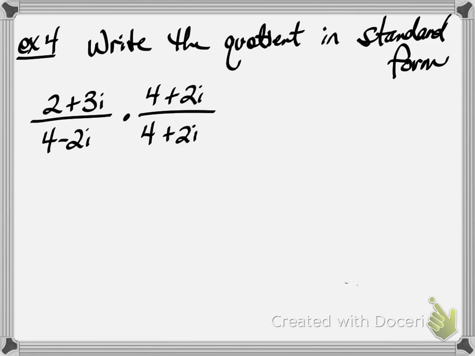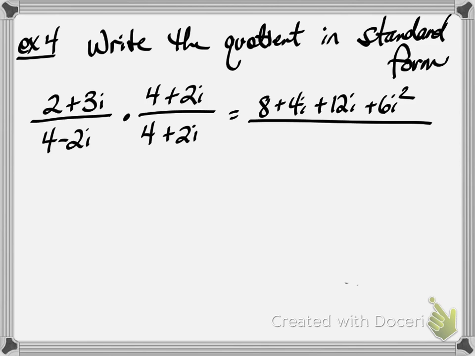We're going to FOIL the top, and we'll get 8 plus 4i plus 12i plus 6i squared. And in the bottom, since they're conjugates, we'll get 16 minus 4i squared. To simplify the numerator, we get 8 plus 16i, because you had like terms.